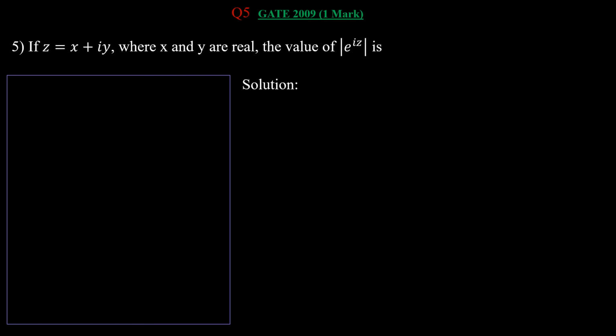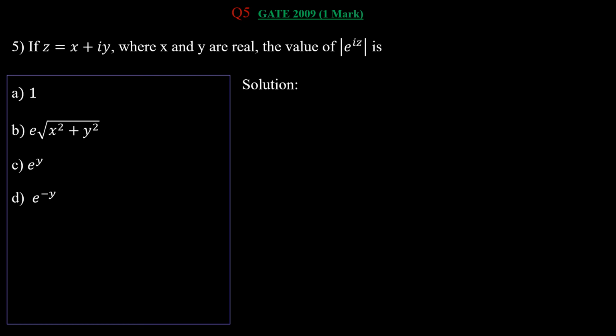In the place of e to the power iz, it can be written e to the power minus iz minus 2iz plus 2iz like that. So first check the options here. A is 1, option B is e to the power square root of x square plus y square, and then e to the power y and e to the power minus y. So how we check this solution?